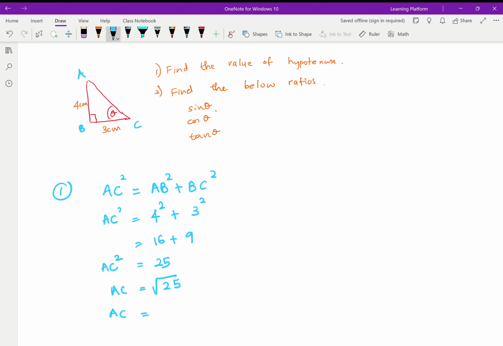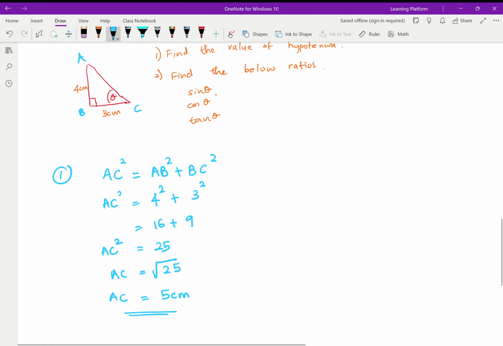What is the value of this AC? 5 centimeters. Square root of 25 is 5 centimeters. So the value of the hypotenuse is 5 centimeters. I can write it here.